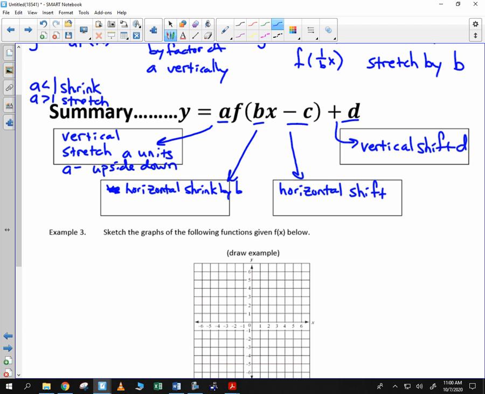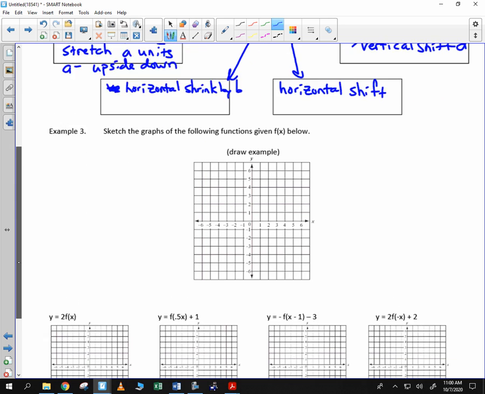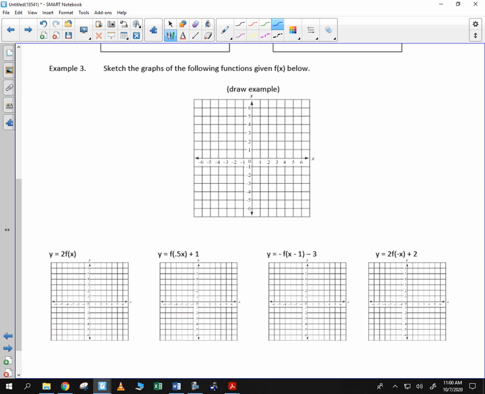Now we're not going to say c units because the b is there. You would have to factor out the b, and you would get x minus c over b. So technically it would be c over b. I just didn't change the notes to write it that way, but I think you understand it'll be a horizontal shift.